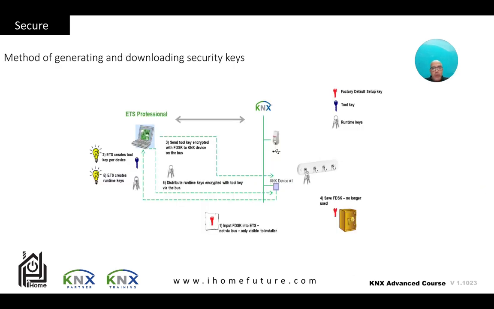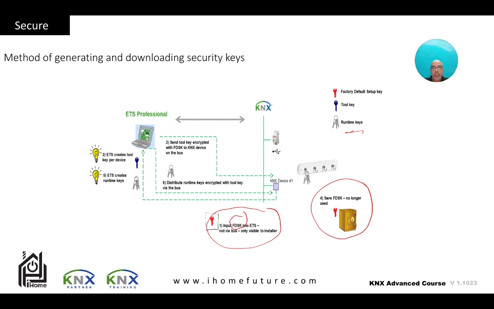This key, by the way, what we call FDSK, is normally not used in the operation. This slide is trying to tell you that this key is only used in the beginning to generate some temporary keys, tool keys, or runtime keys. Then it will be saved in the ETS, but not sent on the telegram, to make sure that it's secured.